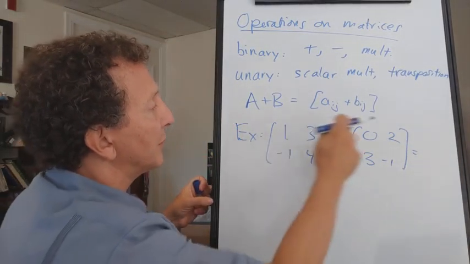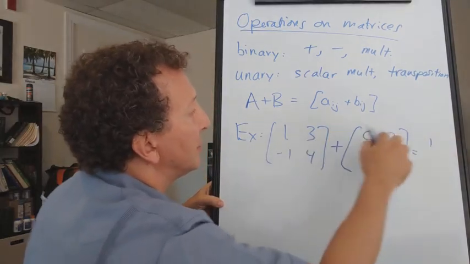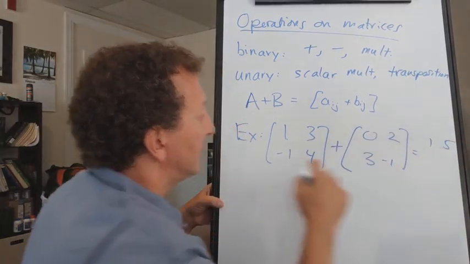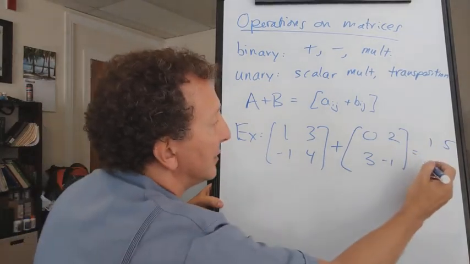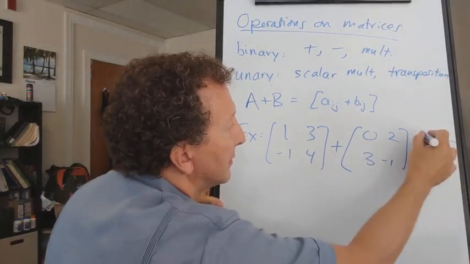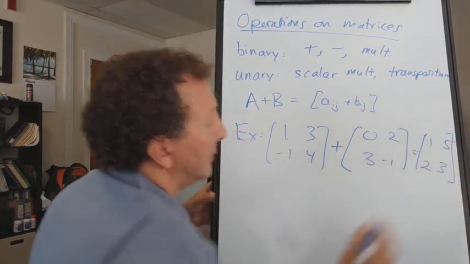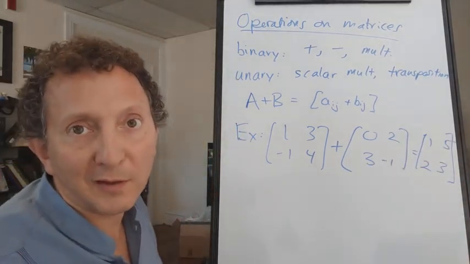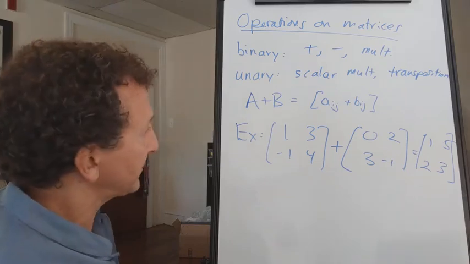That equals 1 plus 0 is 1, 3 plus 2 is 5, negative 1 plus 3 is 2, 4 plus negative 1 is 3. So the easiest possible thing that addition of matrices could be.